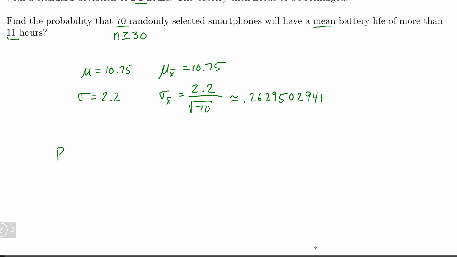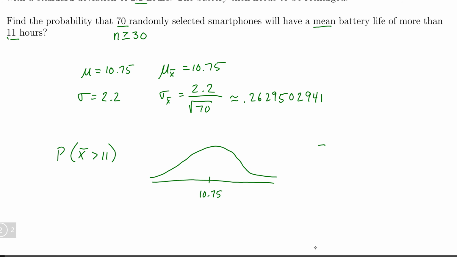What we're looking for here is the probability that a mean will be more than 11 hours. So we know that the mean is 10.75, and we need the z-score for 11.